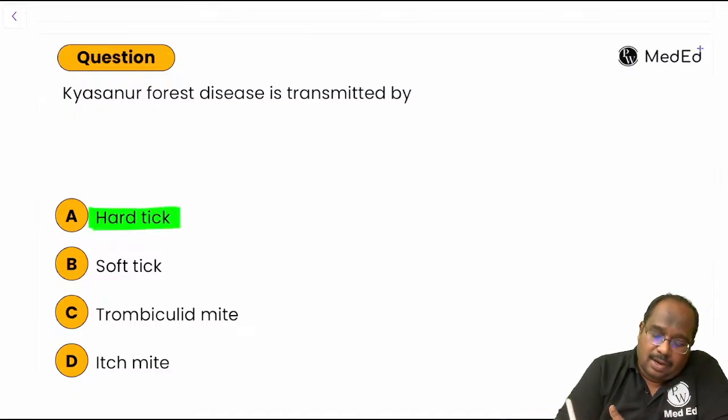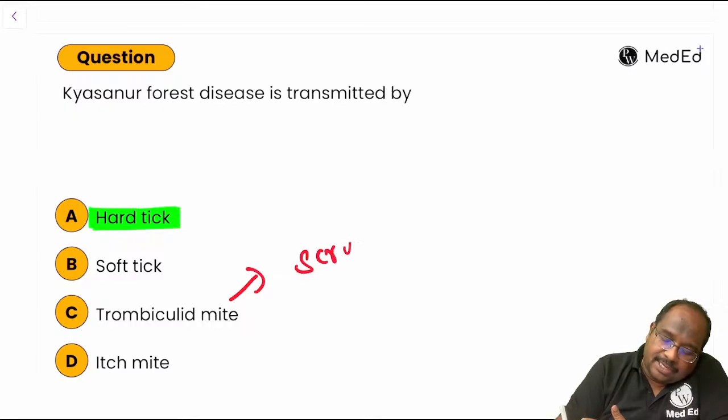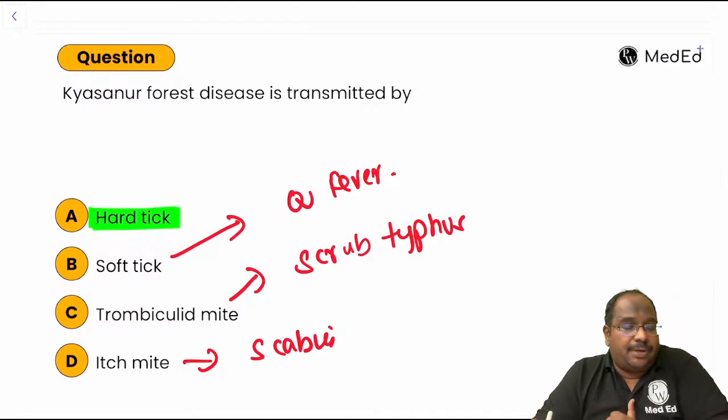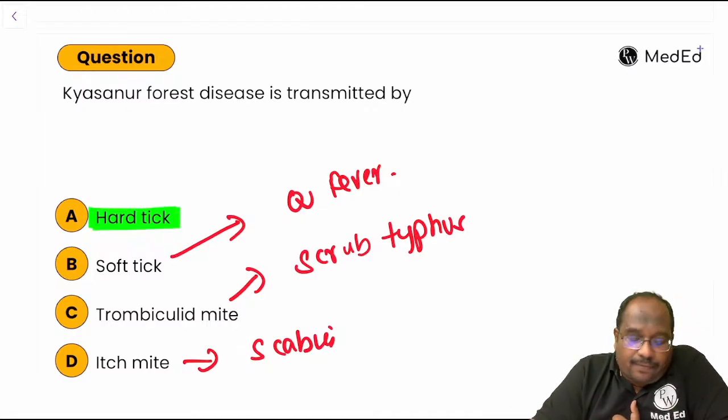This trombiculid mite, we discussed, is scrub typhus. Itch mite is scabies, guys. Soft tick can transmit Q fever. Okay, Q fever. Fine.